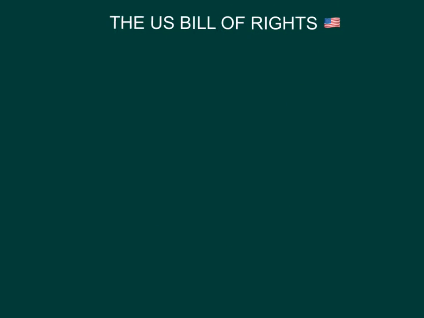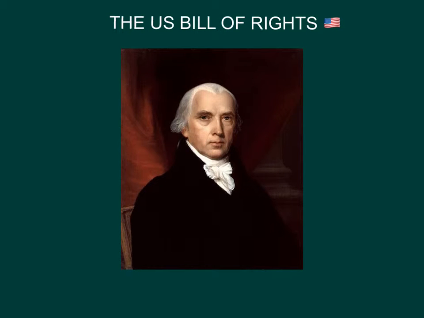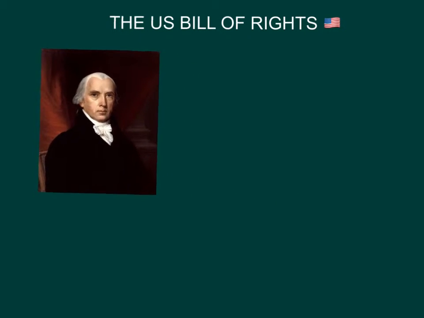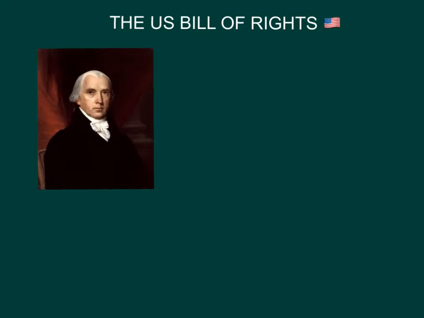And the last one is the U.S. Bill of Rights. This is another document from our country, and the principal author of this Bill of Rights was James Madison. I'm also going to show you a picture of this document.